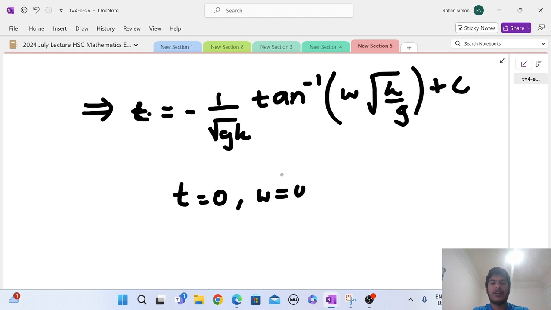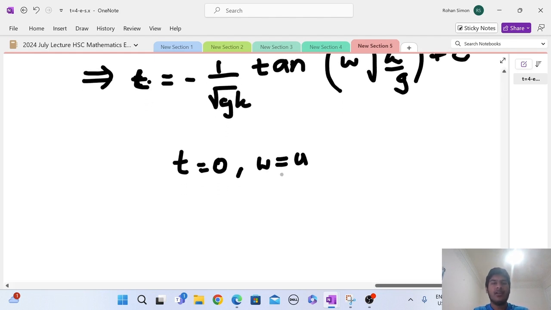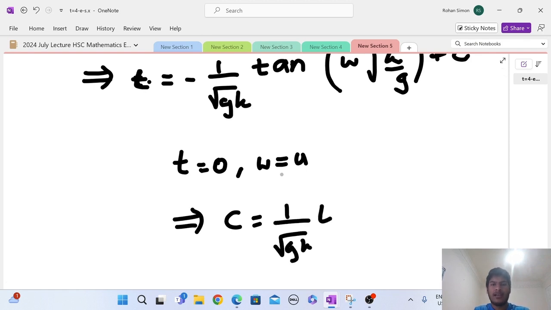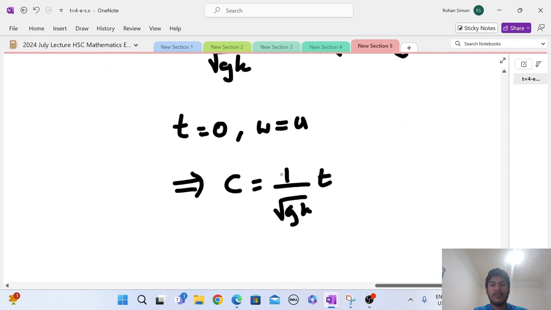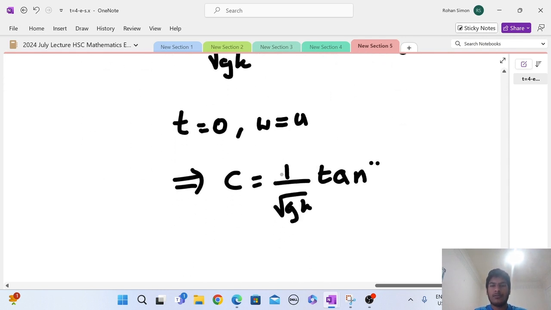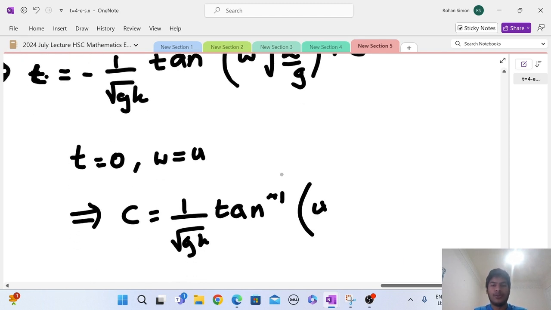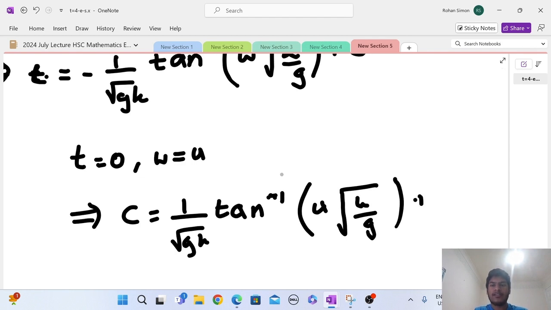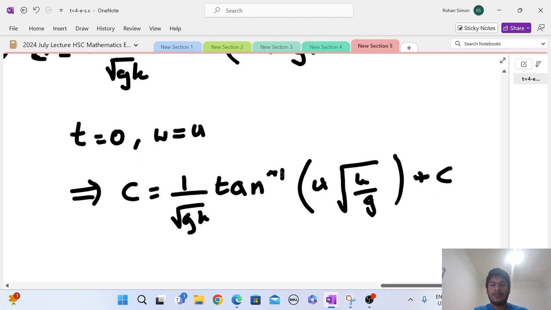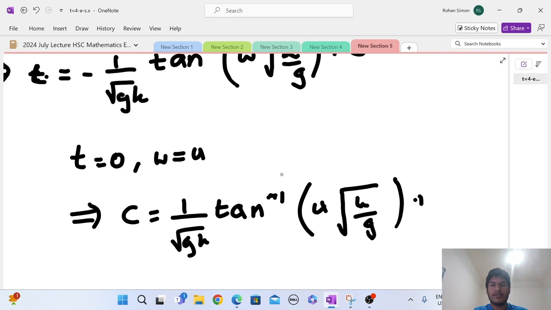So that means that we end up with c equals 1 on root gk tan inverse u square root k on g, because we replaced the w with a u. Sorry, the c we moved to the other side.